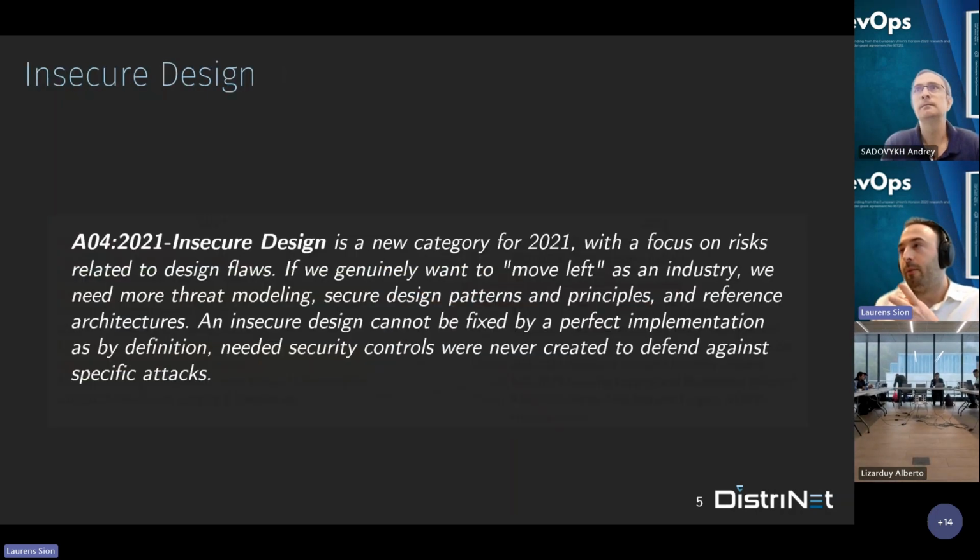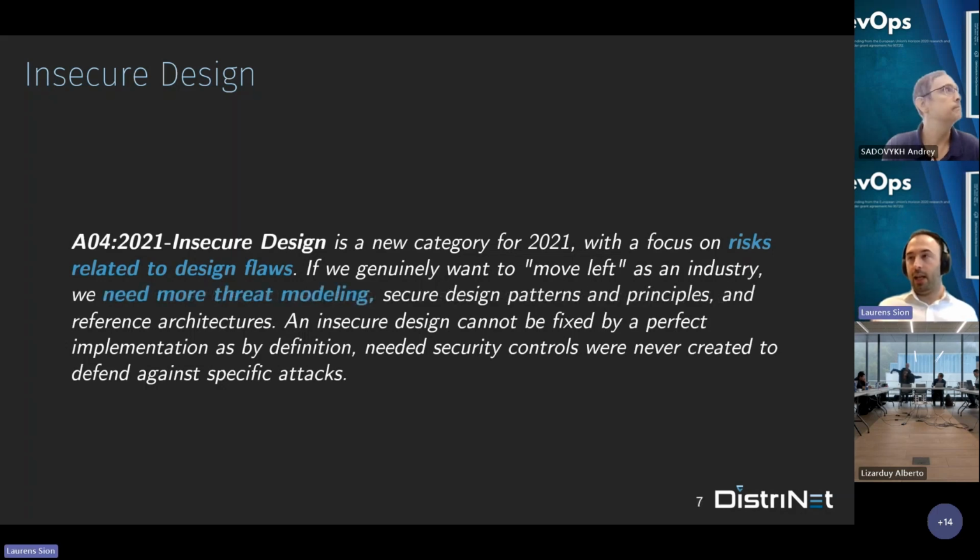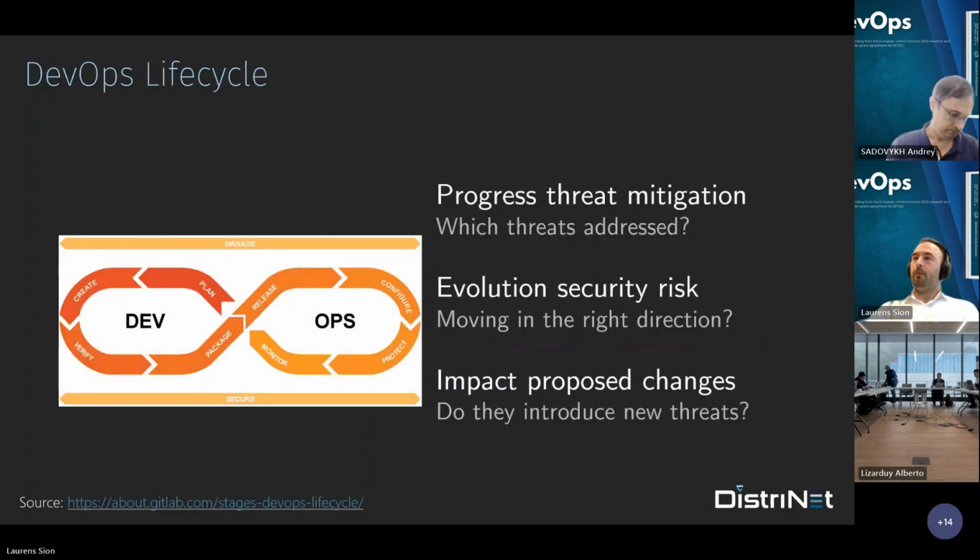And zooming a bit more into that description, they refer to more attention that needs to be spent on focusing on risk related to design flaws in the system. And they explicitly call out the need to perform more threat modeling. So that's really something that we need to take into account also in this kind of development context.